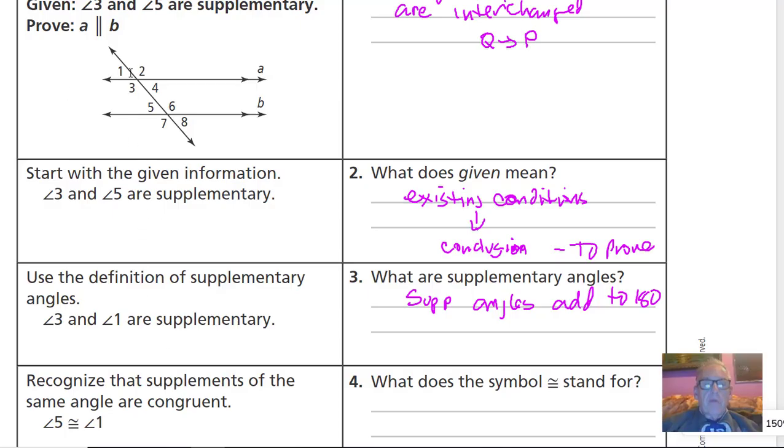So we're starting off with 3 and 1 being supplementary, and 5 and 1 are congruent because those are corresponding angles. And so you have 1 supplementary to 3. And if 5 and 1 are congruent, you're going to have 5 also supplementary to 3.